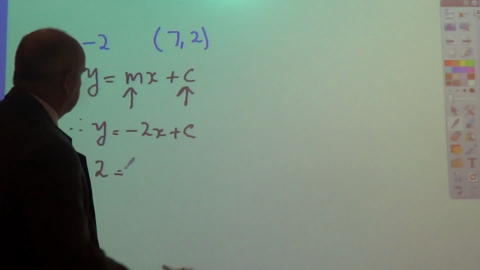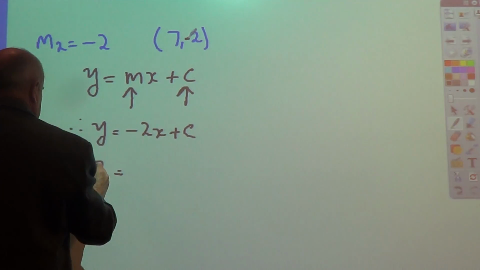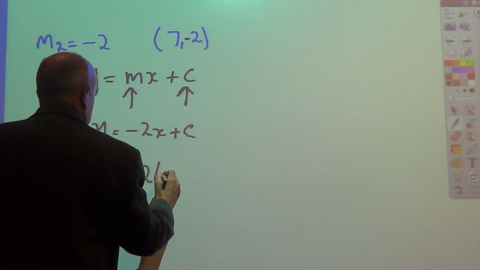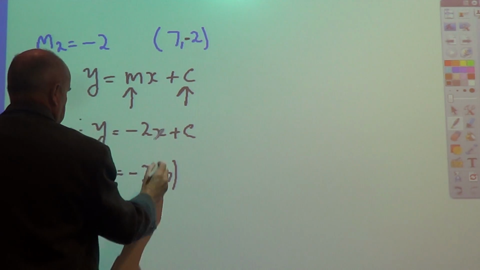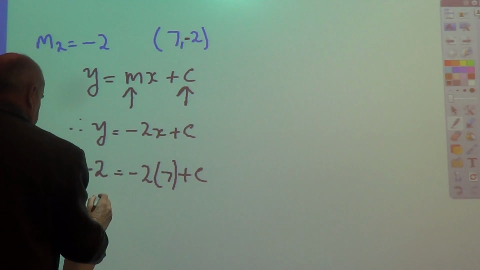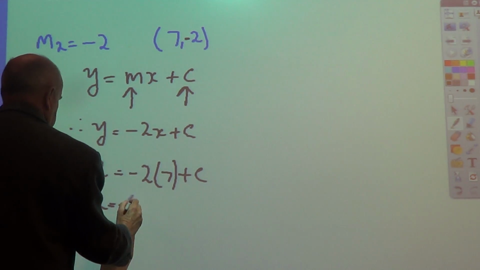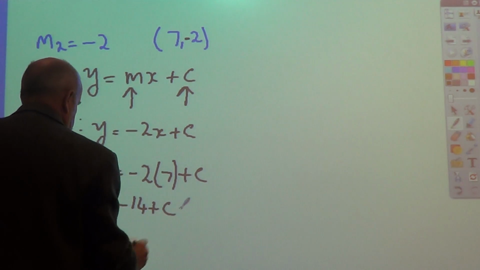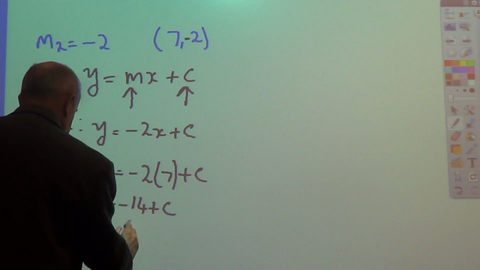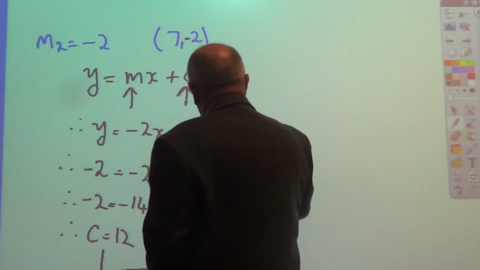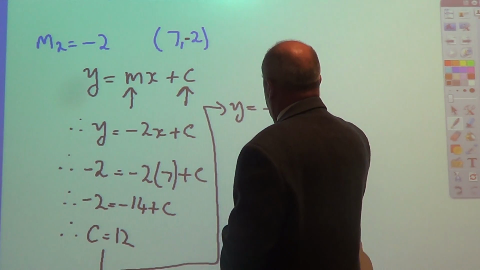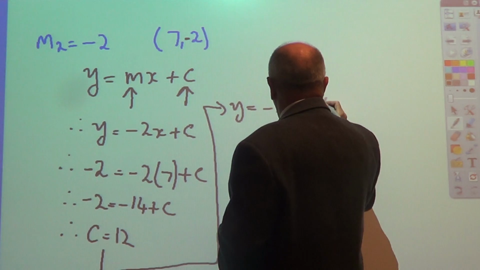So -2 equals -2 lots of 7, substituting the x coordinate in, and it should be a simple enough matter to find the value for c. So -2 equals -14 plus c, and therefore c, adding 14 to both sides, equals 12. So y is going to equal -2x plus 12.